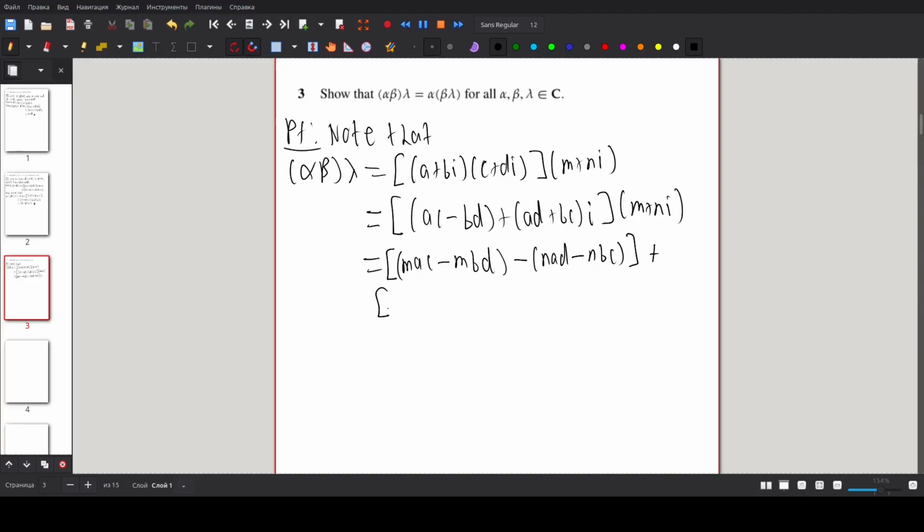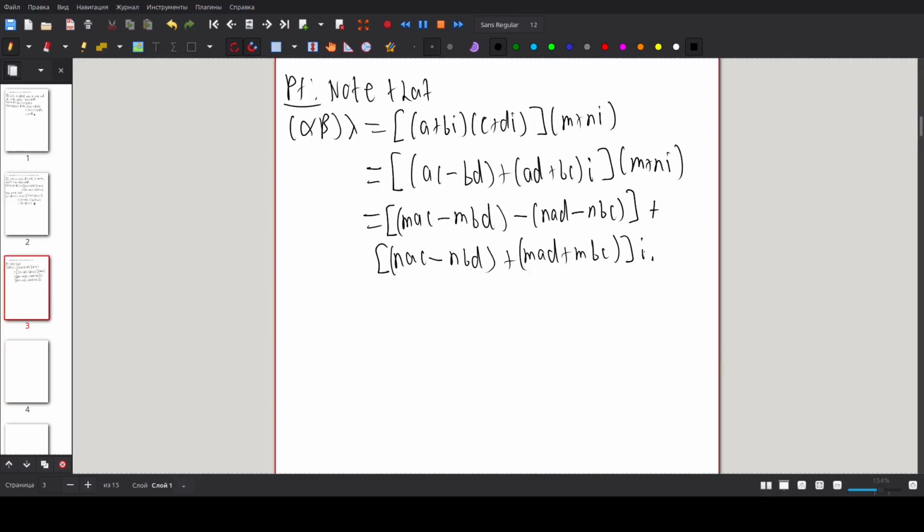Plus NAC minus NBD plus (MAD plus MBC). This whole thing is an i.